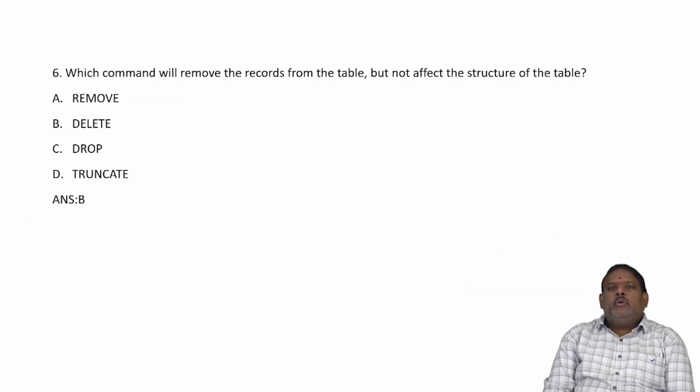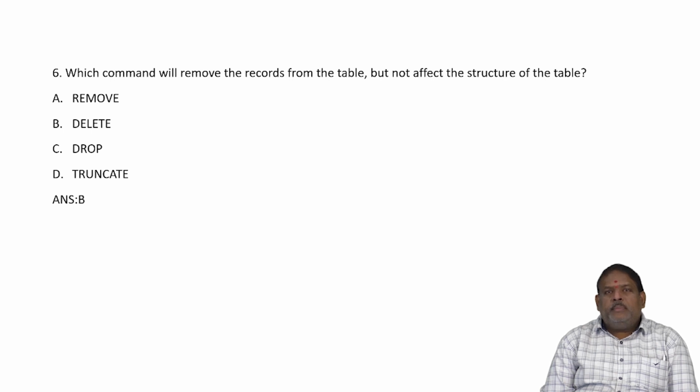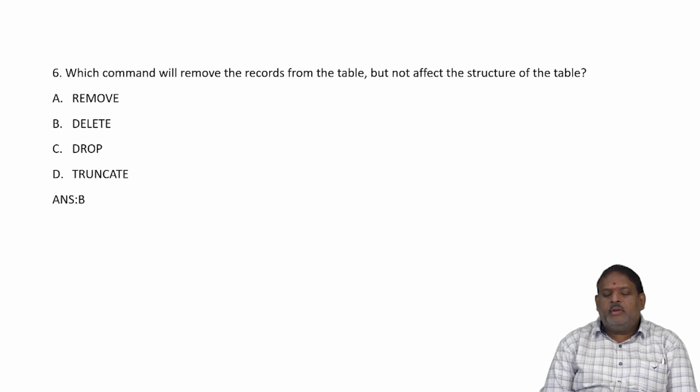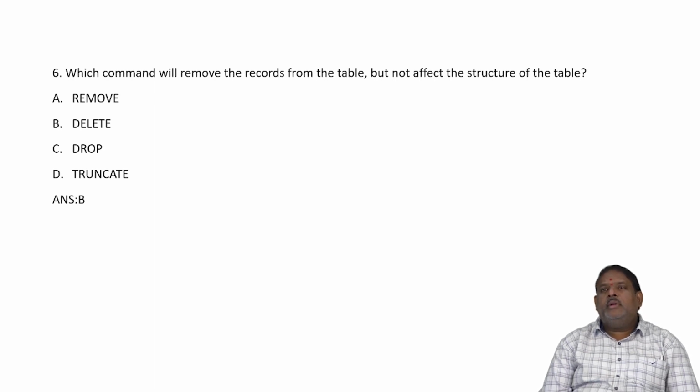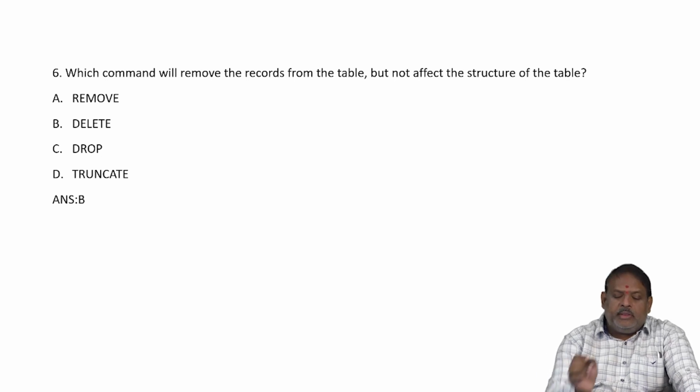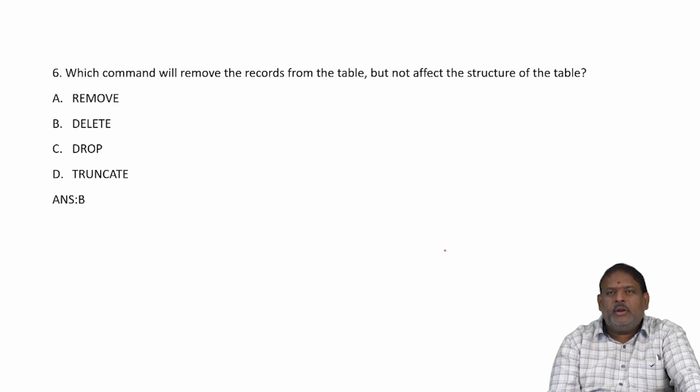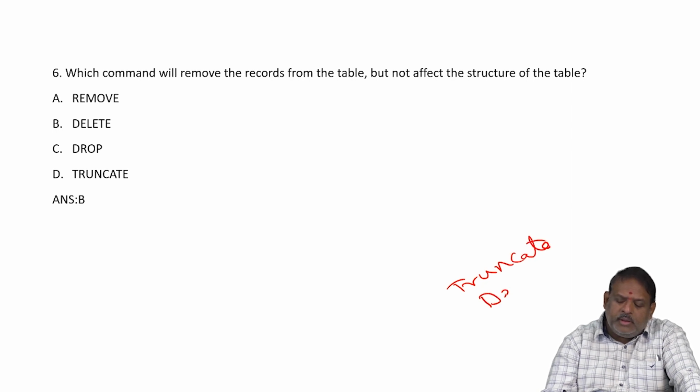Which commands will remove the records from the table but not affect the structure of the table? So this question is: which command will remove the records from the table while the structure remains the same. So here you can use truncate and delete. Any of these will be correct.